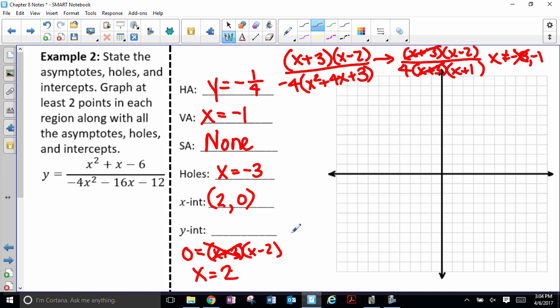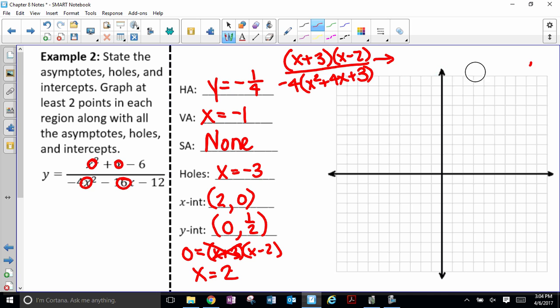Then y-intercept, I would go back to the original, and you're plugging in zeros here, so that gets rid of these terms. So you have negative 6 over negative 12, which is positive 1/2. Okay. All right, I'm going to erase this work over here off my graph. So now let's graph all of this stuff.